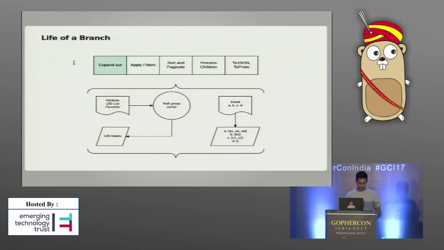The first one is to expand. So we take a list of entity UIDs and an attribute, or predicate. It's the same term for the predicate. And send it off to the server handling that attribute. The server then looks up the attribute, UID pair for all the UIDs in the list and returns back a UID matrix.